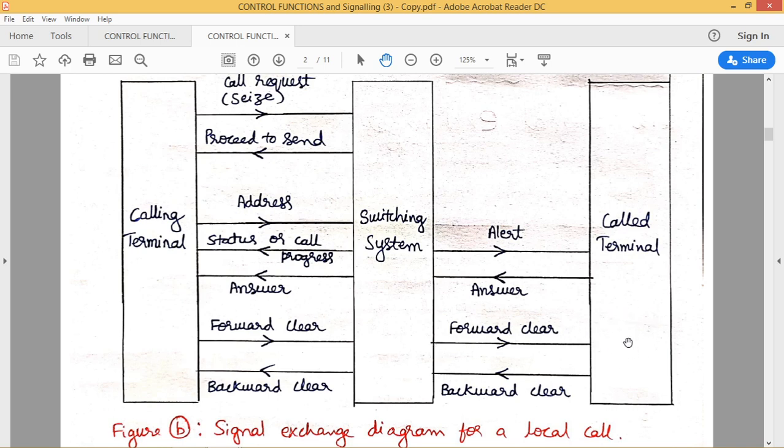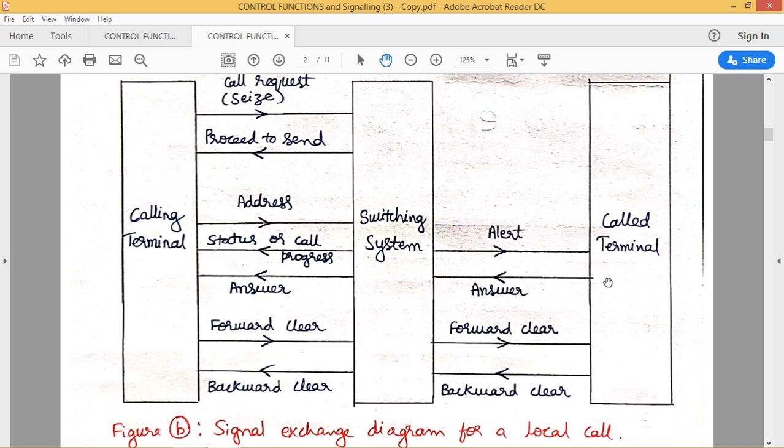Once the call terminal receives the forward clear signal, it replies with a backward clear signal. The backward clear signal is received by the local exchange and forwarded to the calling person. Once the backward clear signal is received by the calling person, the exchange breaks the connection. The connection is disconnected.